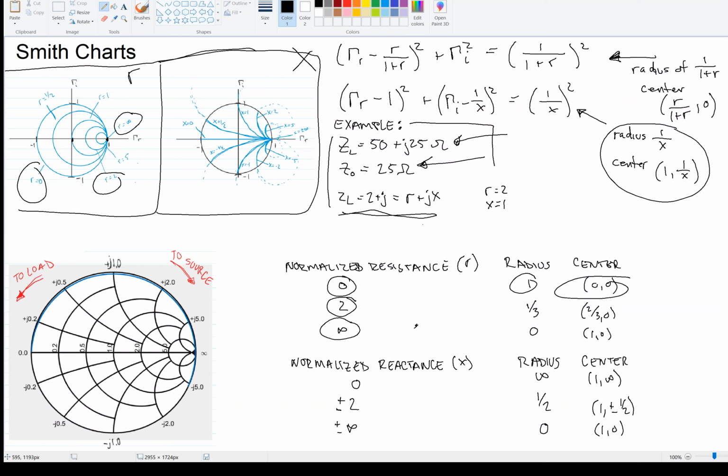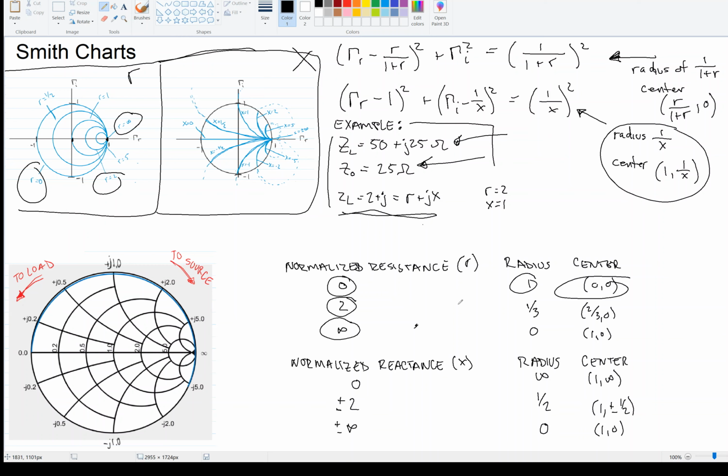I want to point out a few things. For the R circles, notice that the centers all lie on the horizontal axis. That's the real part. Also, as R increases, the circles get smaller. Of course, right?